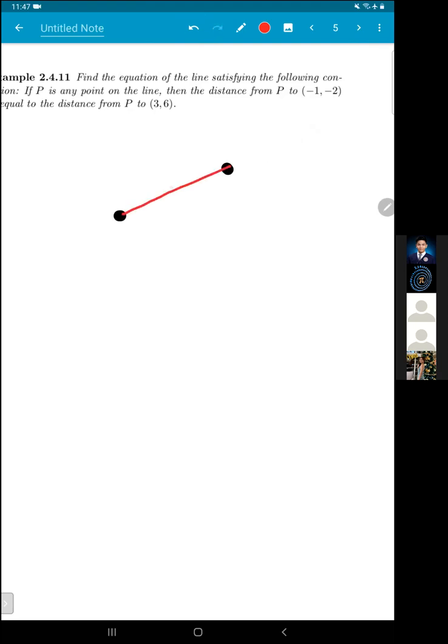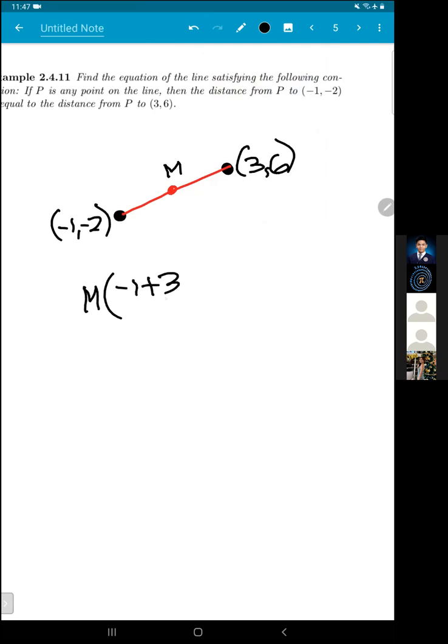First, we get the midpoint. We are given the endpoints, or sorry, the 2 points. So M has coordinates (-1 plus 3) over 2, (-2 plus 6) over 2.